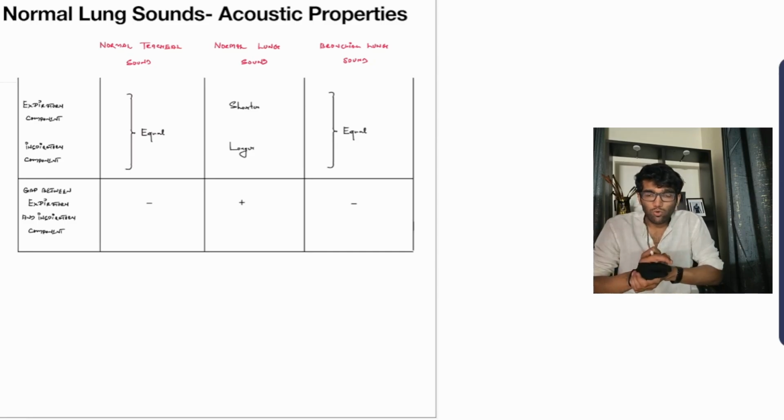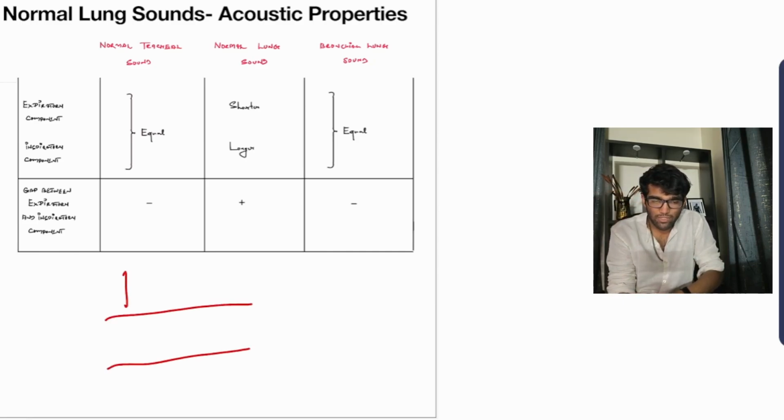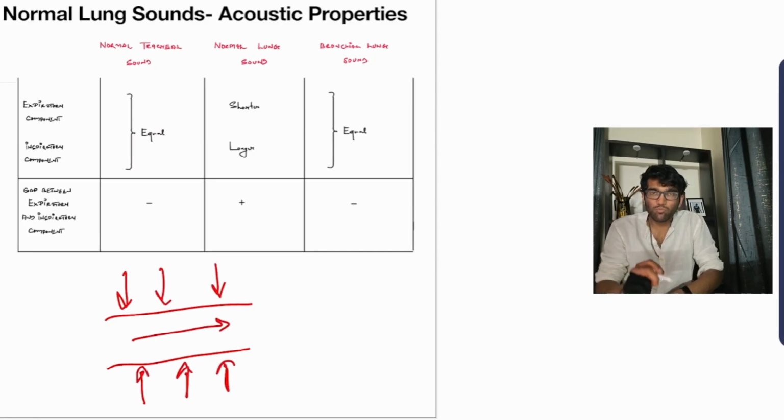Okay, so as I said earlier, during expiration, particularly during end expiration, there's a lot of positive pressure outside of the bronchi. Okay, there's positive pressure compressing the bronchi from outside, and the air within the bronchi is moving. Because it is moving, its potential energy is getting converted into kinetic energy, and that potential energy is actually what was keeping the airway patent by applying lateral pressure on the wall.